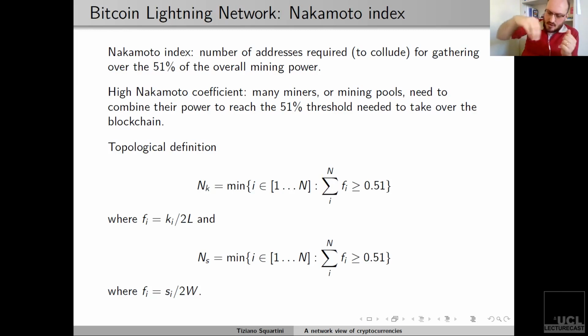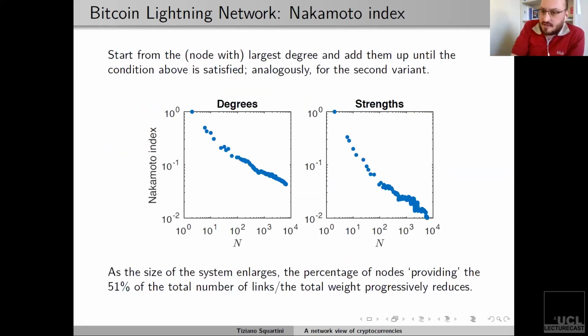So how many nodes should you collect in order for their connections to account for 51%? And how many nodes should you collect in order for their weight to be at least 51% of the network? Now, what we found is that this fraction of nodes decreases with time.